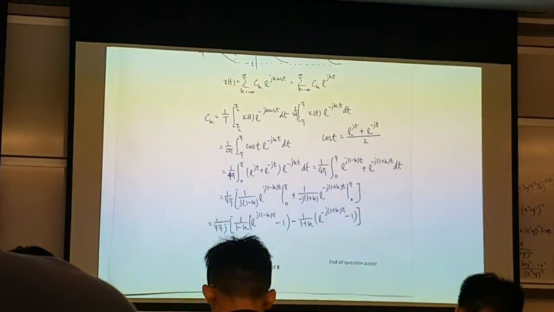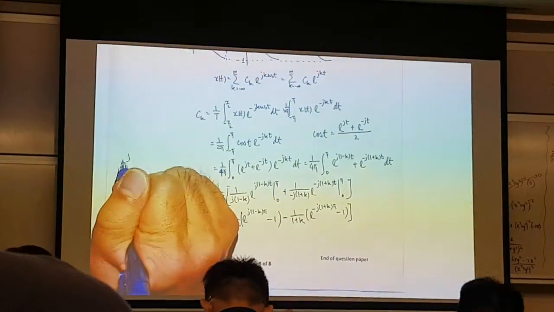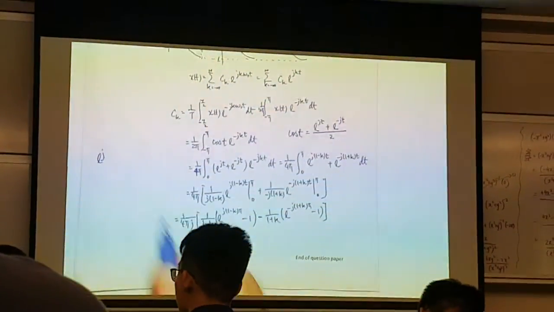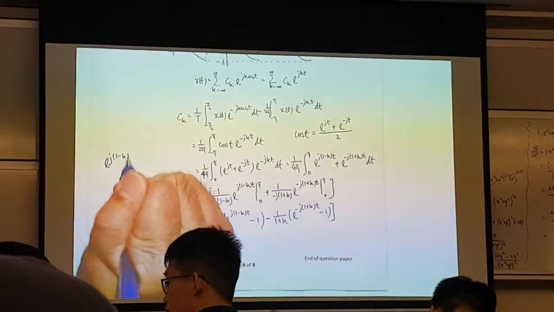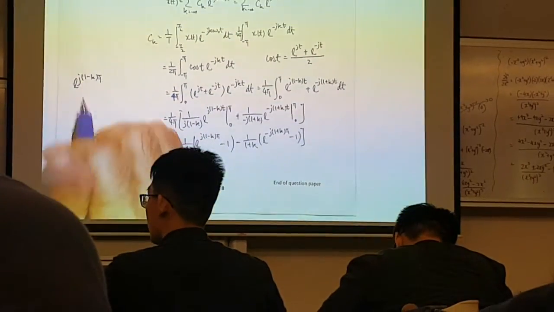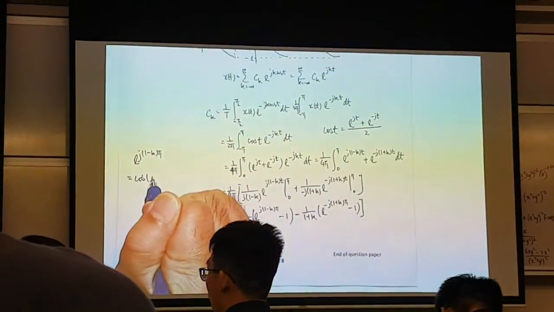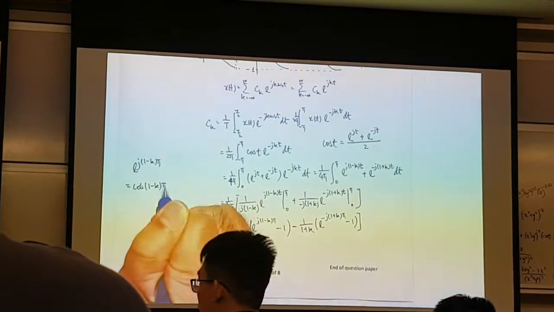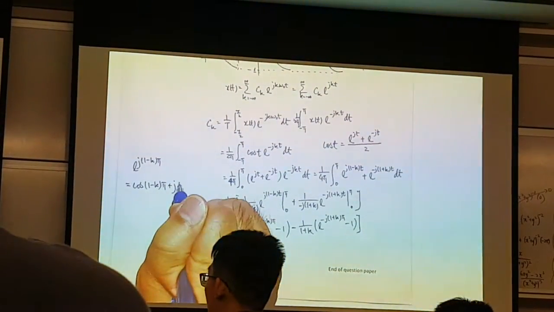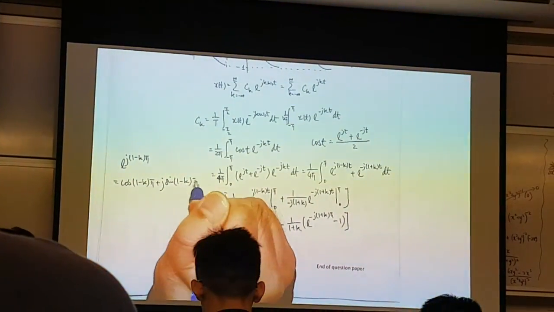Now what we need to determine is e to the power of j times (1 minus k) pi. If you were to write it, this is cosine (1 minus k) pi plus j sine (1 minus k) pi.